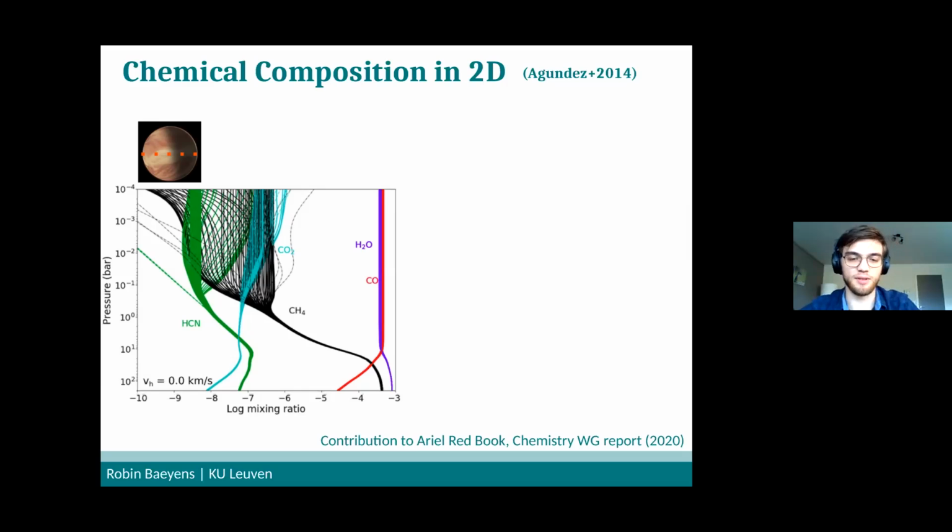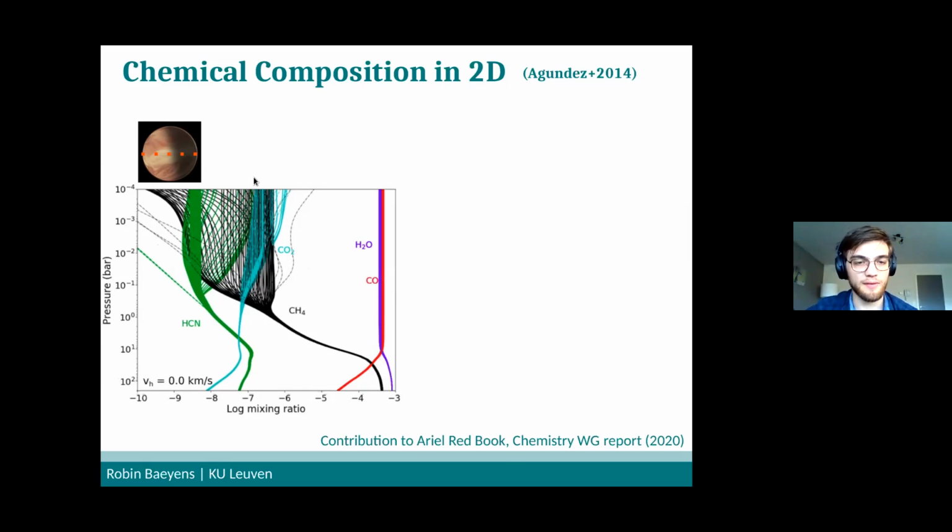And then I show here some different plots of different molecules in an exoplanet atmosphere. Here's their abundance on the x-axis, and on the y-axis you have the altitude in the atmosphere, or the pressure, but it's inverse, so that means that it's the height in the atmosphere.